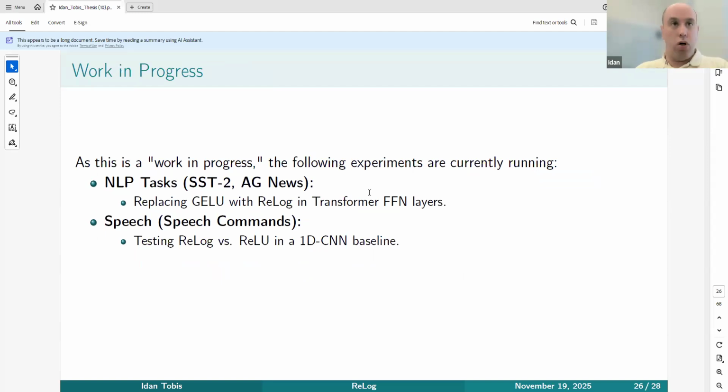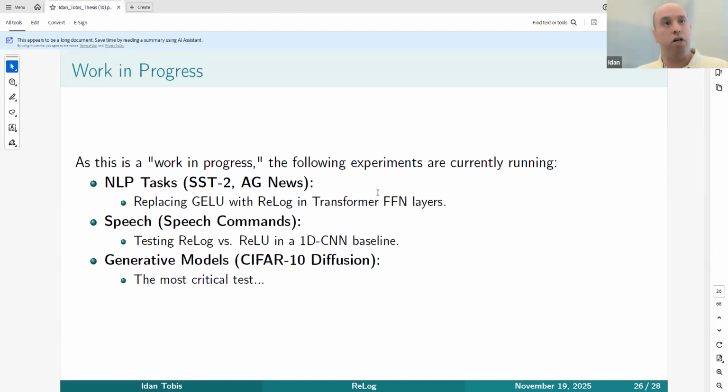We want to work in speech. Because as you know, right now, generative speech, at least to my ears, because this is what I did in industry, sounds awful. So I would like to test replacing ReLU with ReLog on speech.